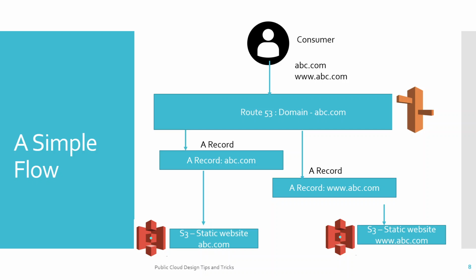This Route 53 has records: the first one called abc.com and the other one www.abc.com, and both in turn reach the same static website, which is sitting on Amazon S3. So that is how the complete user flow works through the Route 53 domain server.